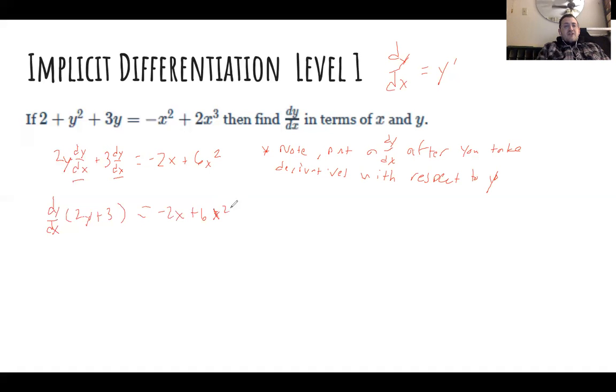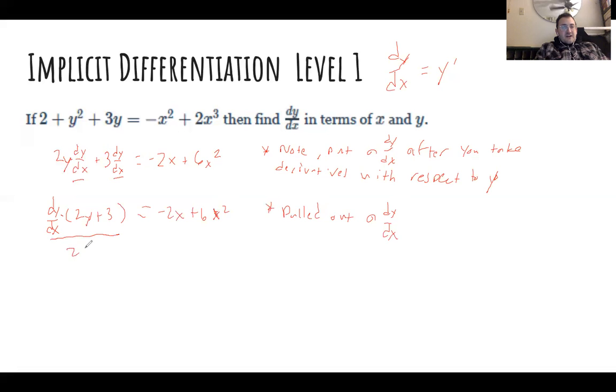And there's not really much that I can do to the right side. So what I did here is I pulled out a dy dx. And then now I need to get dy dx by itself. Now this is dy dx times 2y plus 3.